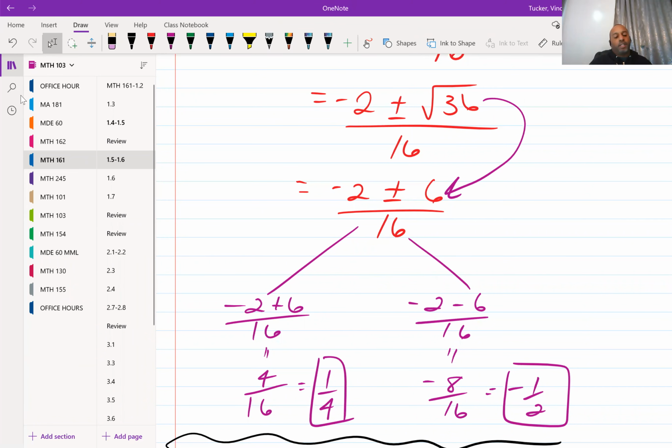And so that'd be 4 over 16, which is 1/4, -8 over 16, which is -1/2. Questions? Any questions?